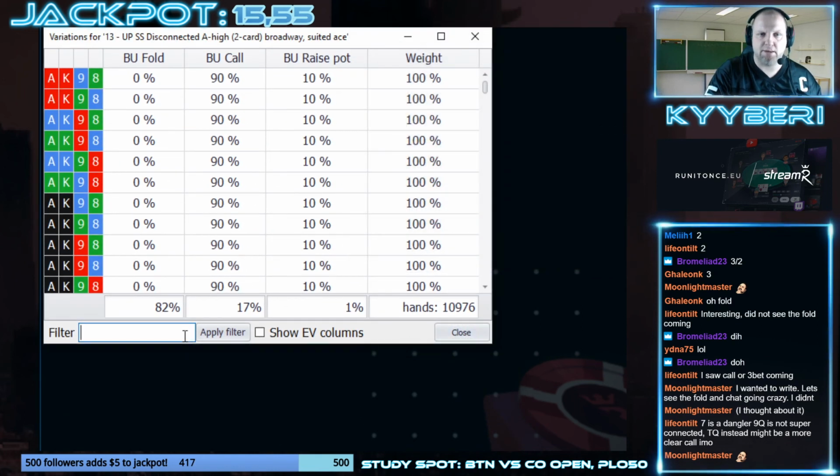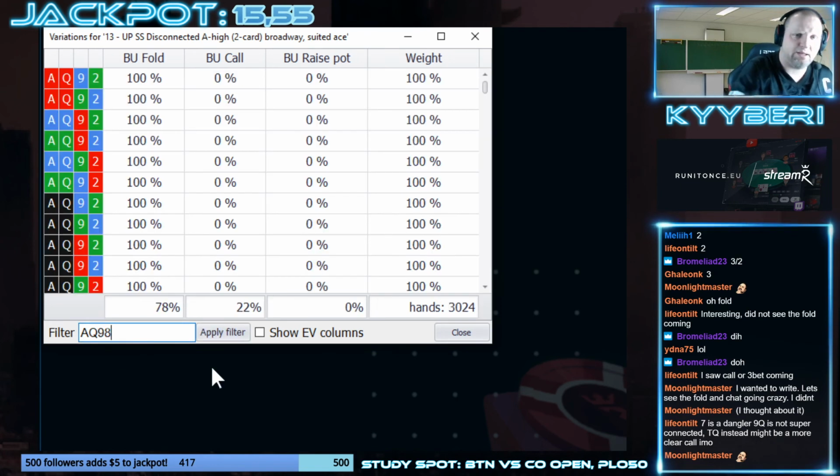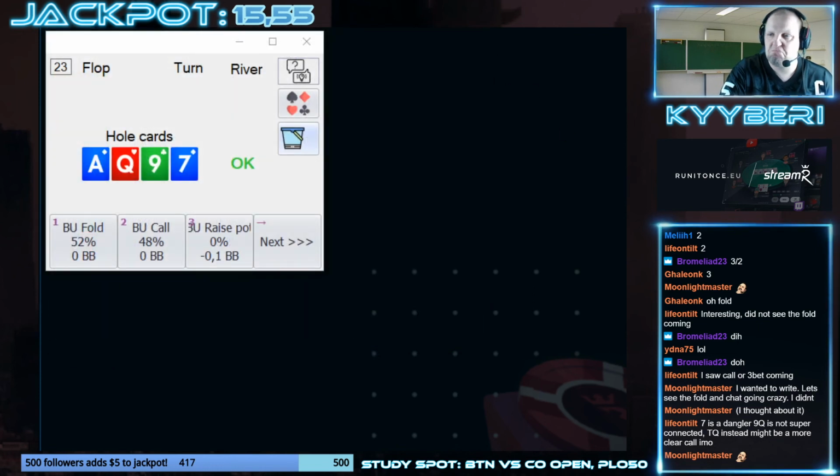Ace queen then 9. I mean, single suited disconnected ace high with 2 Broadway cards, suited ace. Now it's not there because then would be considered Broadway card, but ace queen 9-8 is a fold. Damn.